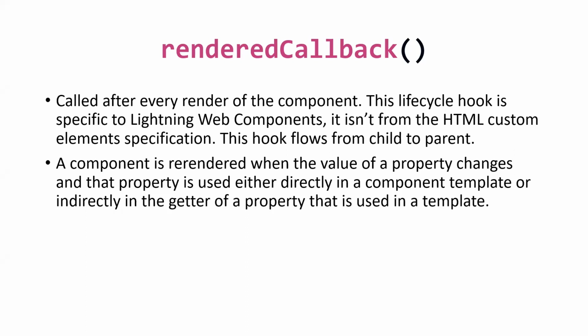A component is rendered when the value of a property changes and that property is used either directly in the component template or indirectly in the getter of a property that is used in the template. So in this flow, the child render callback is called first, and then the parent render callback is called. Let's go in the code and check how it works.